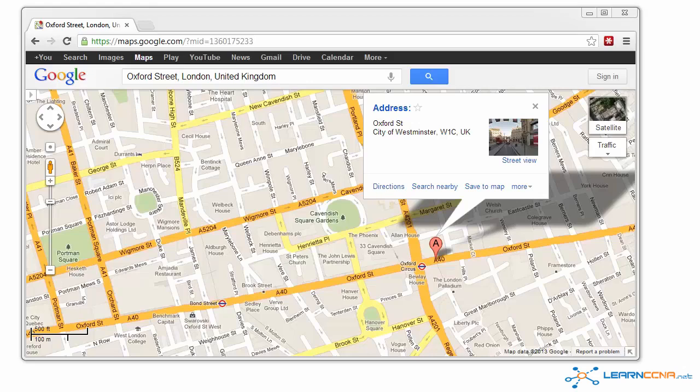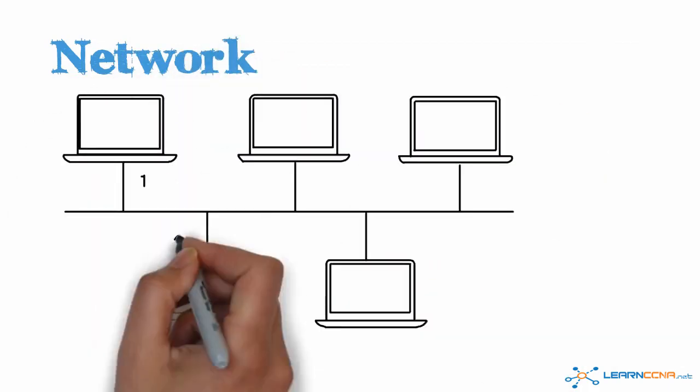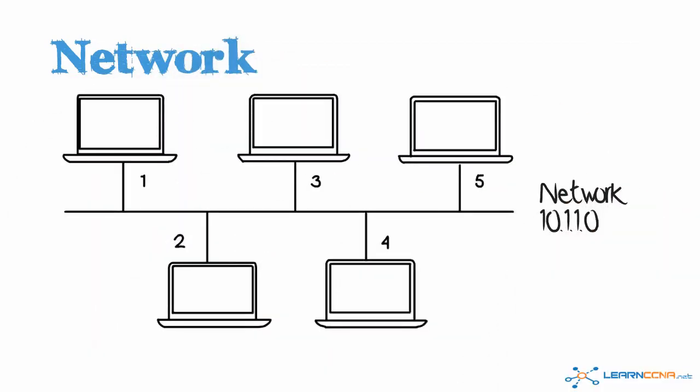But for this analogy, think of how routers route. They will route traffic to a destination network, and when traffic gets to that destination network, then house numbers are used, or IP addresses are used, to determine which host to forward the traffic to. Now, in a similar way, the network address, in this case 10.1.1.0, identifies a specific network somewhere in the world.